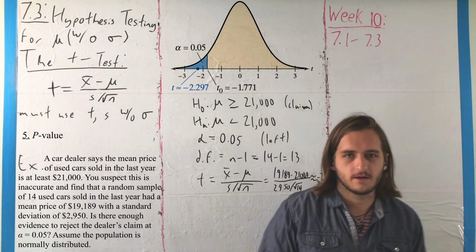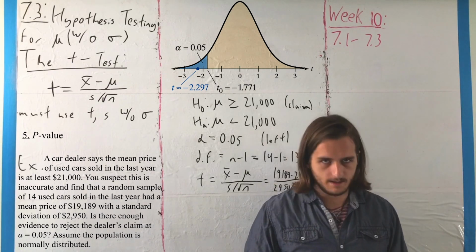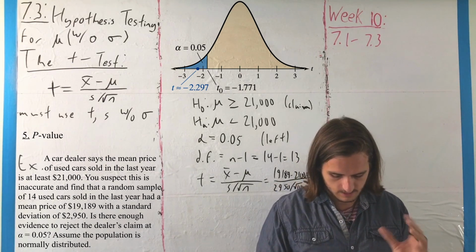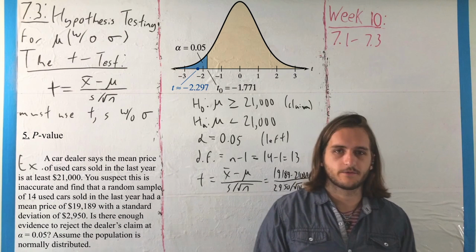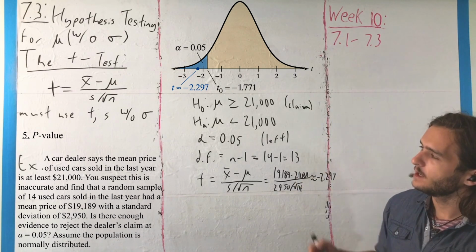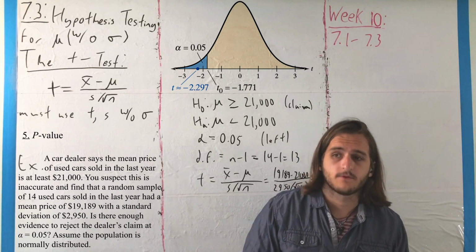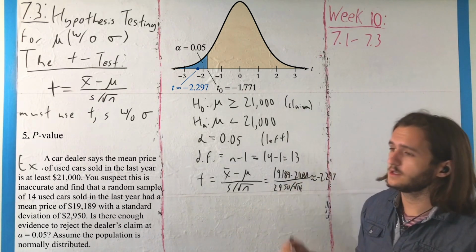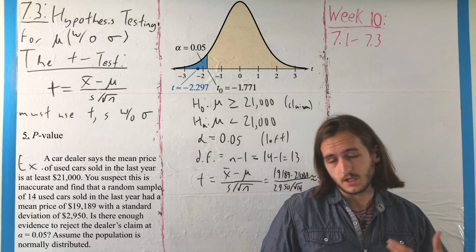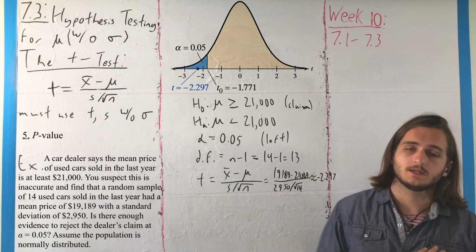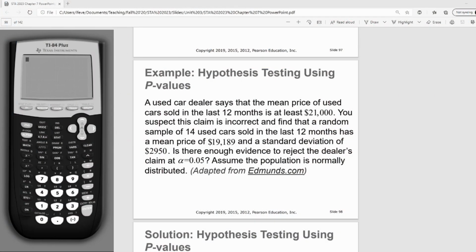I'm going to use the p-value method here, and if you want to get that p-value, you can see it there, even though it's maybe a little bit spoiled for you guys if you're paying close attention. You can go ahead and use a tcdf function in your calculator to get that specific value, or what I'd really recommend getting comfortable with, much like the z-test in the last section, we have the t-test in this section for being able to handle these hypothesis tests for the mean without sigma.